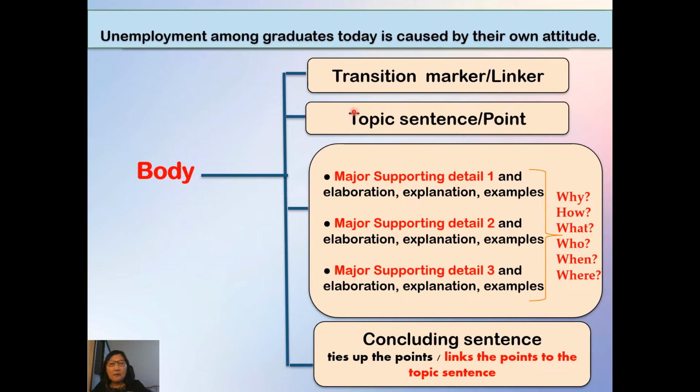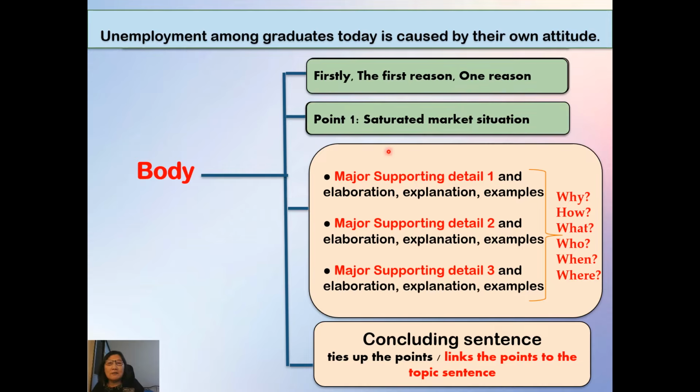So first of all, we put in the transition marker. You can use firstly, the first reason, one reason, or a similar transition marker. Next, we have the first point, saturated market situation. So you have to put this in a complete sentence.